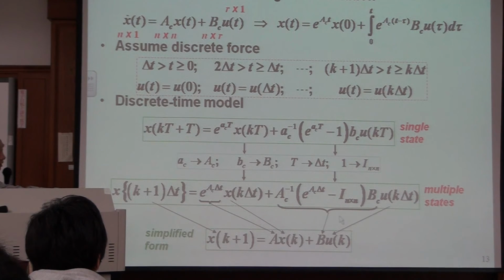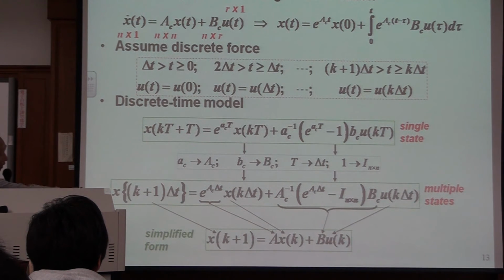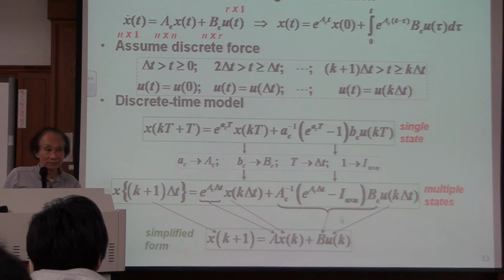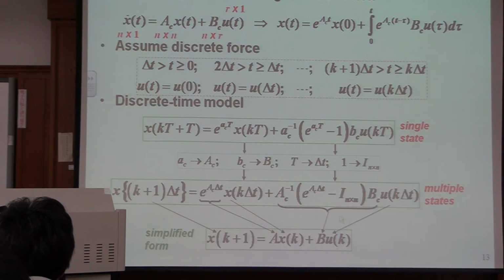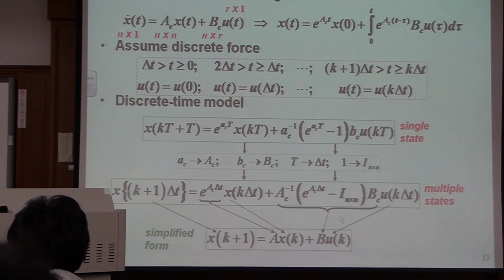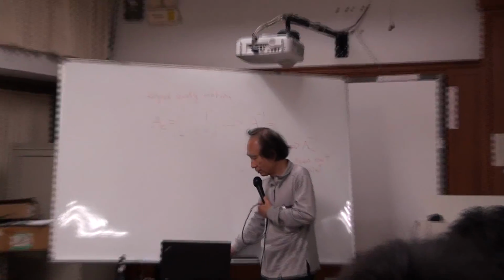So that means if this is rigid body motion, I don't have a discrete time model. Do I? How can I get a discrete model for rigid body motions?